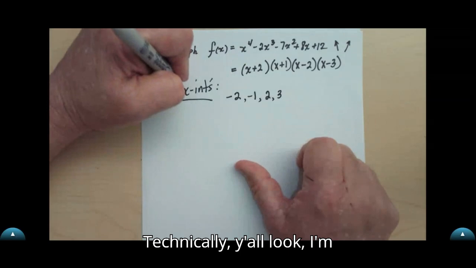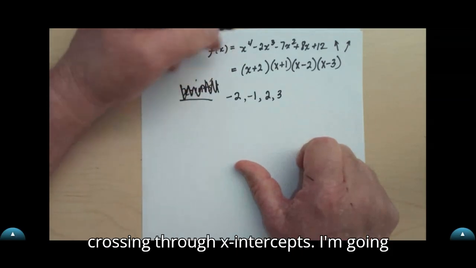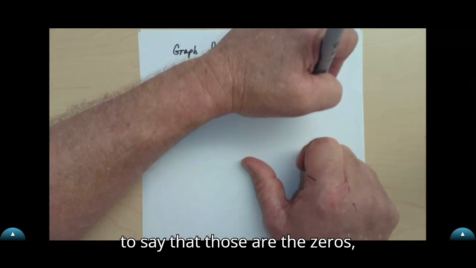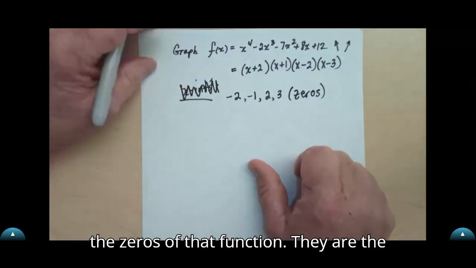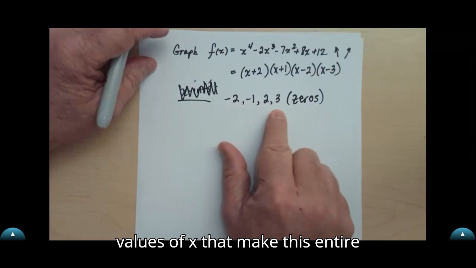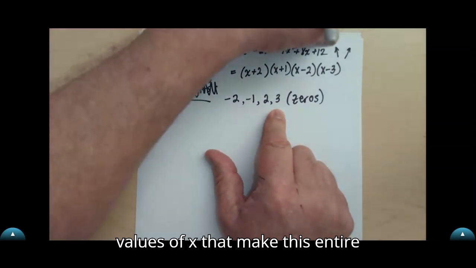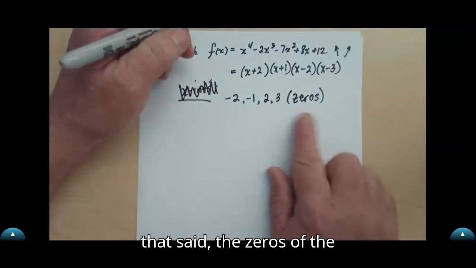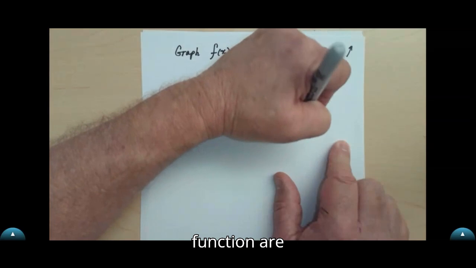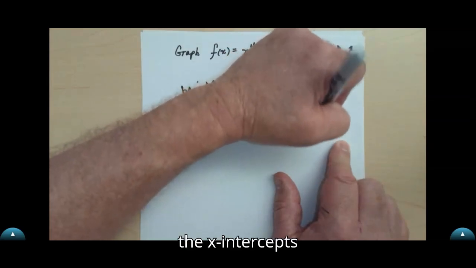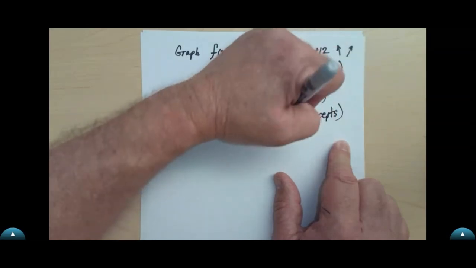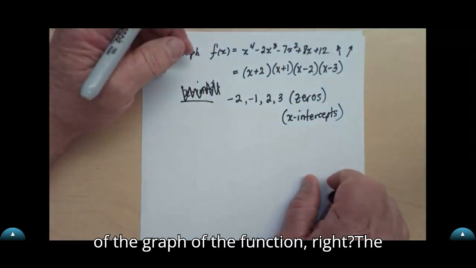Technically, I'm crossing through x-intercepts. I'm going to say that those are the zeros of that function. They are the values of x that make this entire function equal to 0. But with that said, the zeros of the function are the x-intercepts of the graph of the function, right?